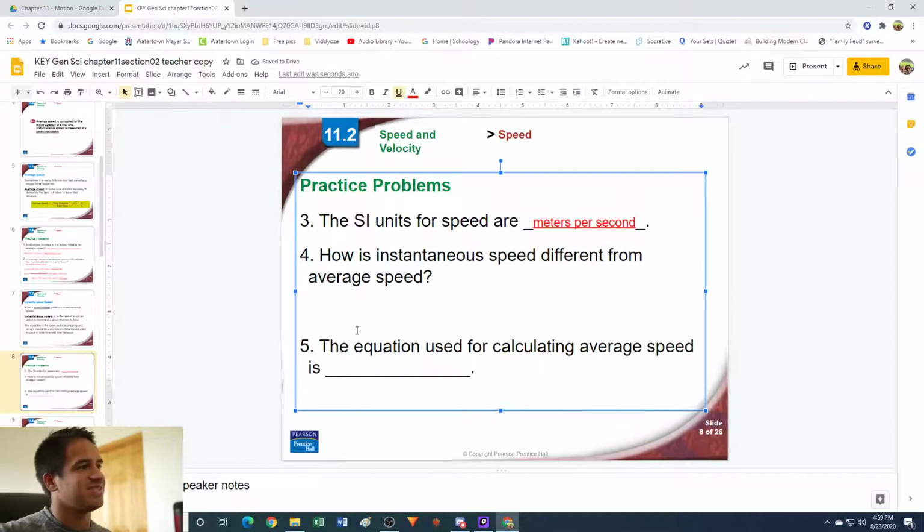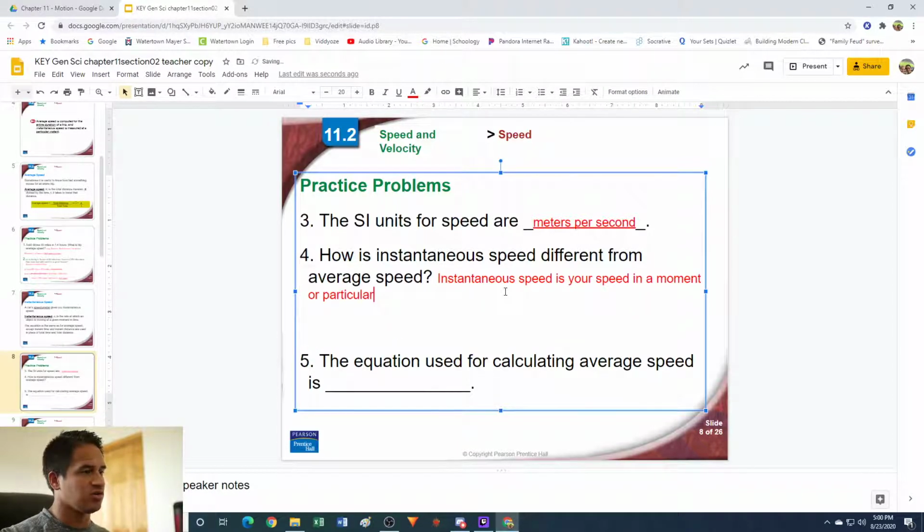Number 4, how is instantaneous speed different from average speed? So remember that average speed is your speed over typically a very long trip or a longer duration. And instantaneous speed is your speed in a very, very short amount of time, or basically a moment in time. So we'll say that instantaneous speed is your speed in a moment or particular instance in time.